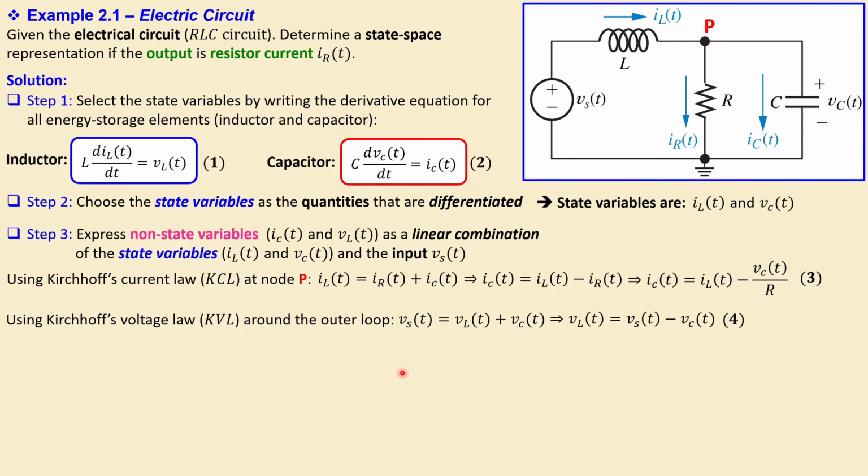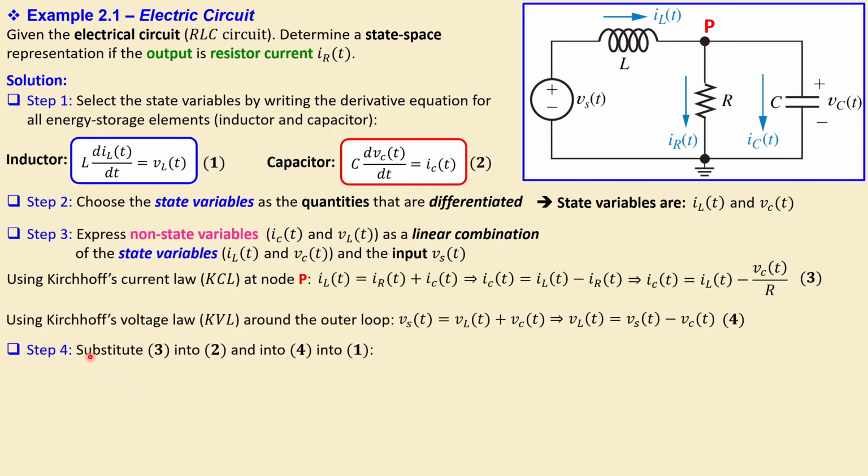All right, we have now developed our equations in step 3, equation number 3 and also equation number 4. Now moving on to step 4. We now have 4 equations.